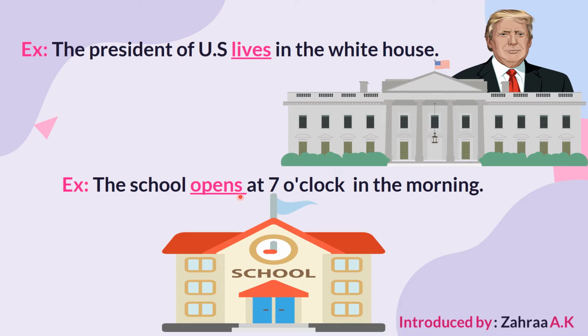But what did we add to it? We added s, third person singular, because the subject is singular. The school opens at 7 o'clock in the morning. المدرسة تفتح الساعة 7 صباحا.